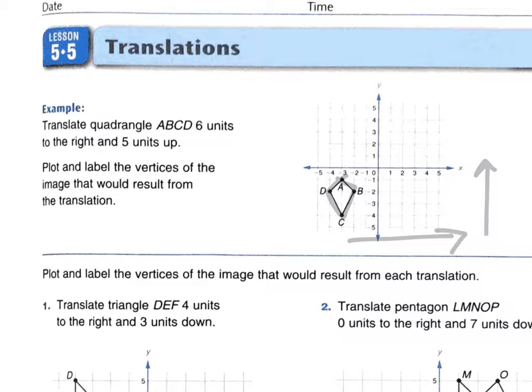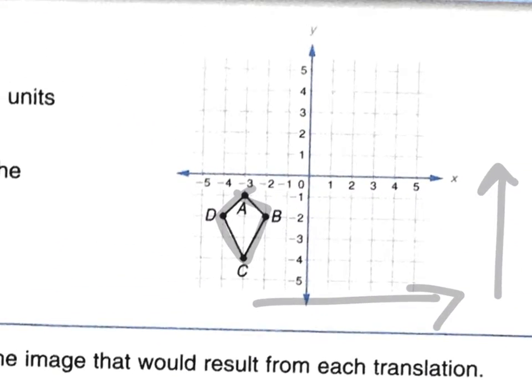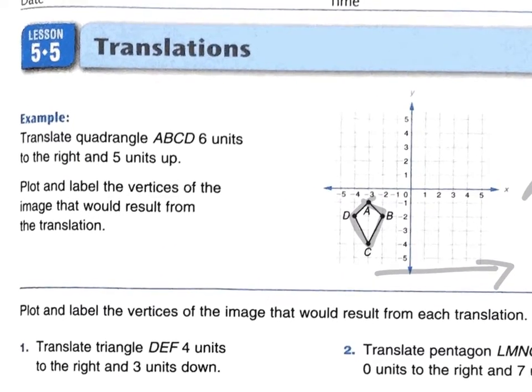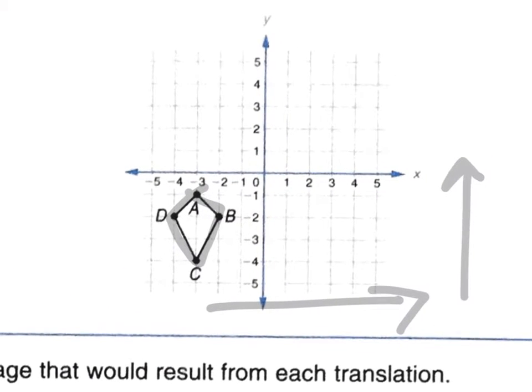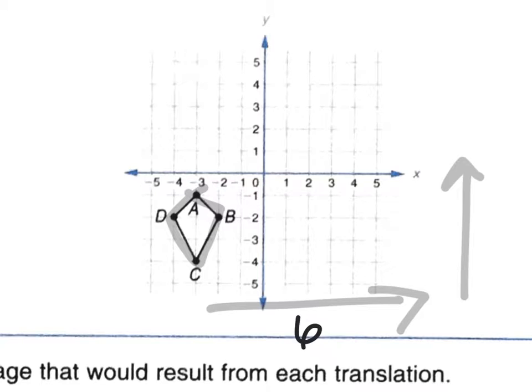So we can already tell by just thinking about that our shape should be somewhere up in the upper right hand corner. Okay. So here's how we do this. I'm going to see how much I can zoom in for us. So we need to go 6 to the right and 5 up. I'm just going to zoom in so we can see a little more clearly. 6 and 5.